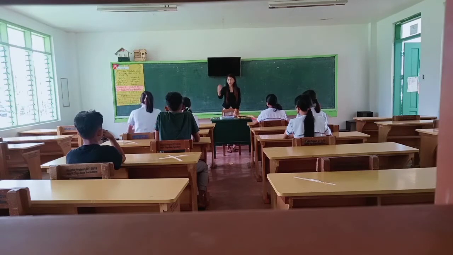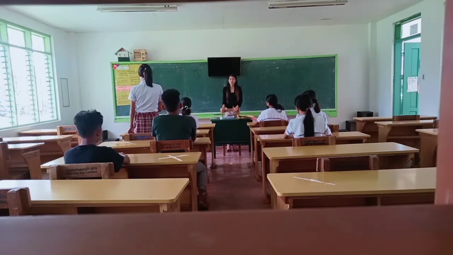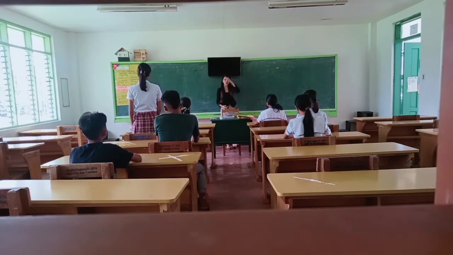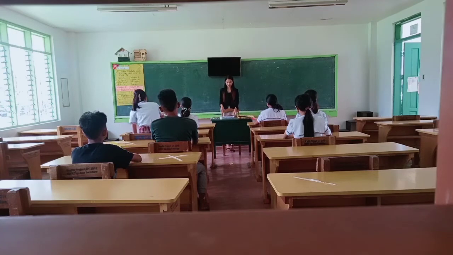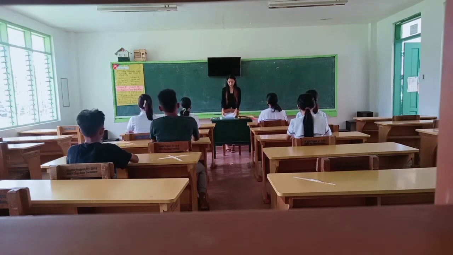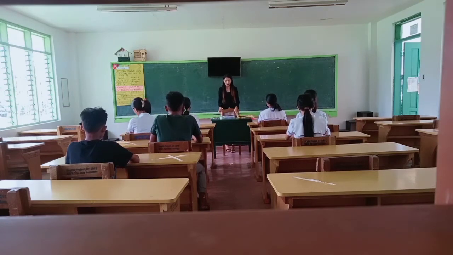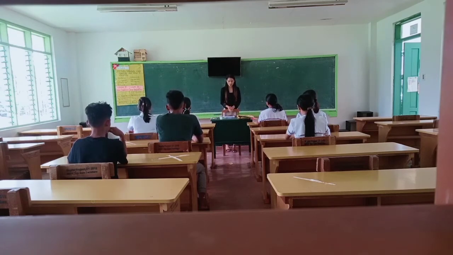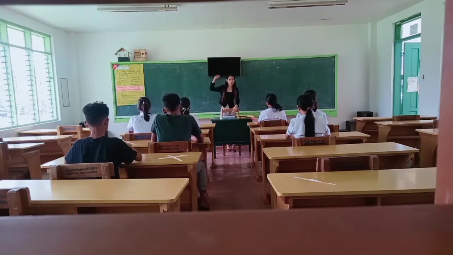Okay, yes, Ronaldine? A linear equation is an equation between two variables that gives a straight line when plotted on a graph. Okay, very good. Let's give her a warm applause. Good job. Who can give me a real life example of linear equations? Anyone from the class?